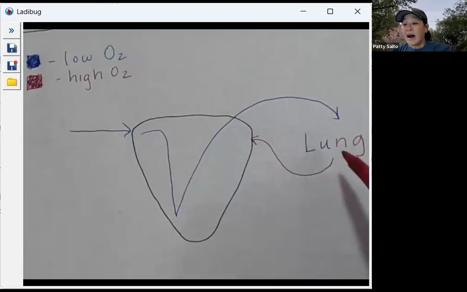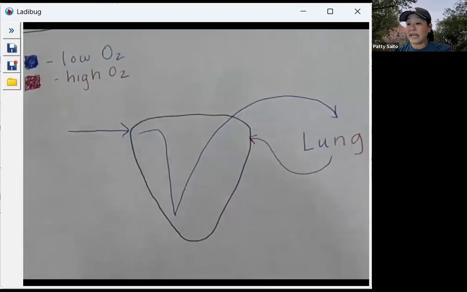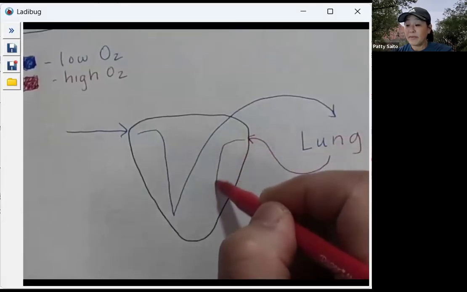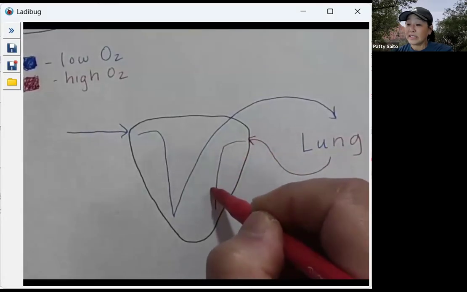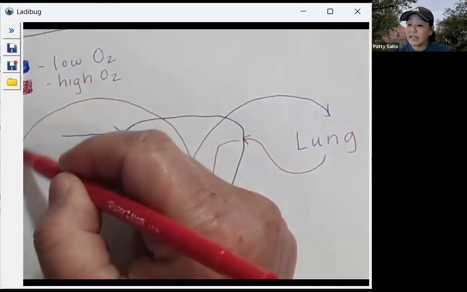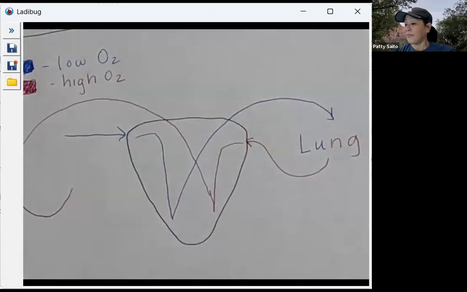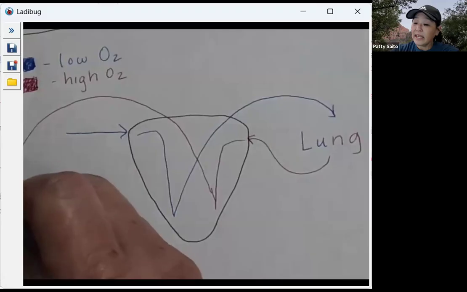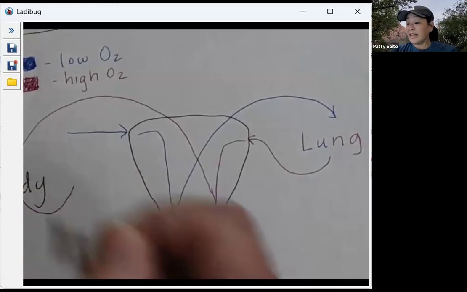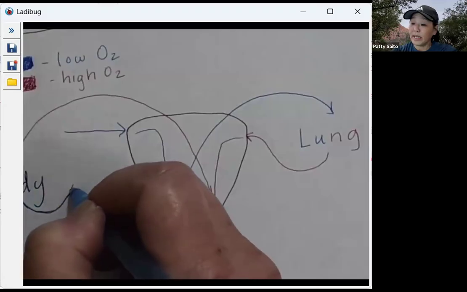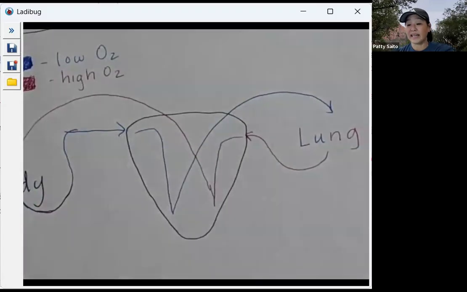So on its way out to the body, it first comes back to the heart on the left side, and then the left side is going to transport the blood out to the body, where the cells of the body will take that oxygen and substitute it for carbon dioxide.